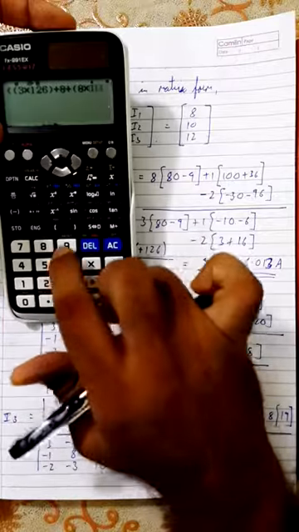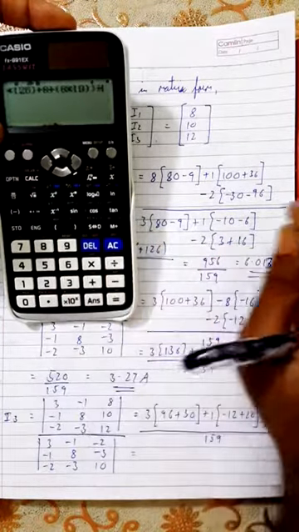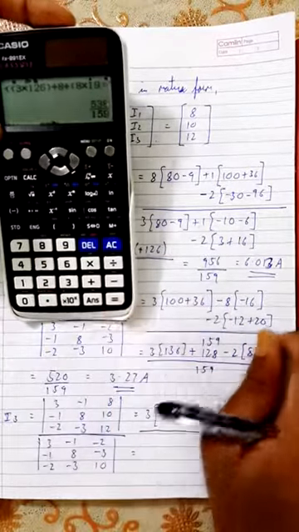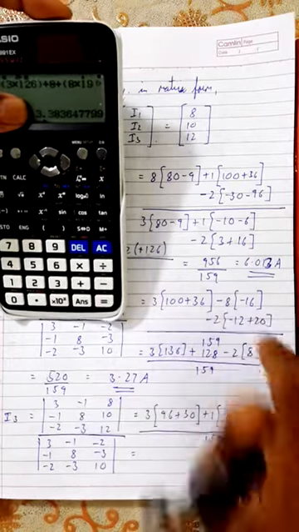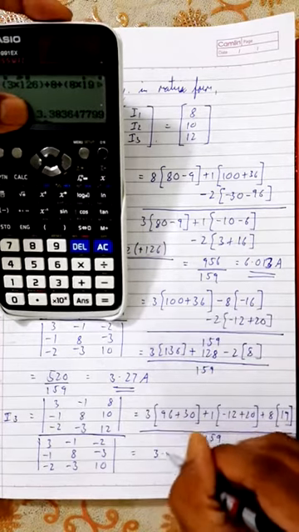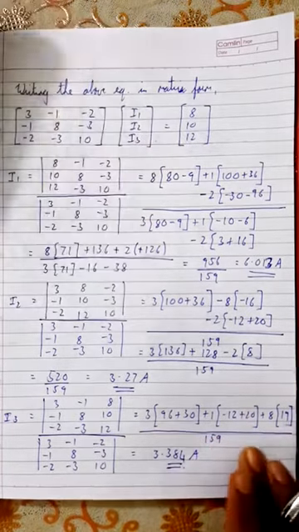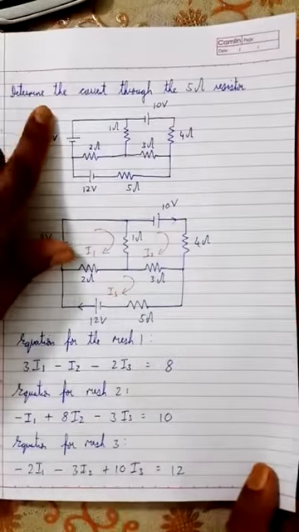That's the numerator. Divide by the denominator, which will be 159. So we have 3.384 amperes. Okay, so now I found the value of I1, I2 and I3.